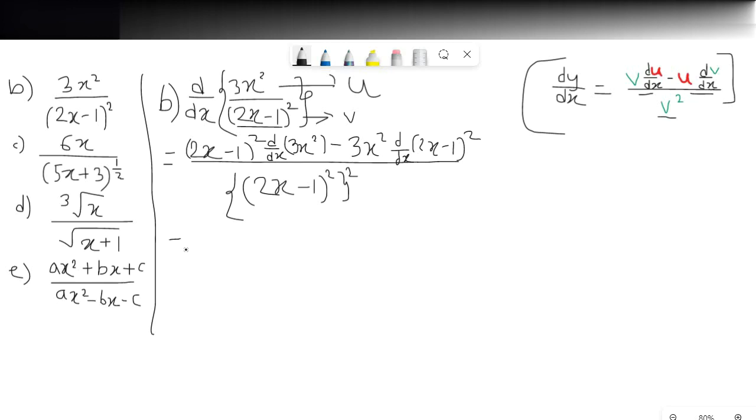So further simplifying, we get 2x minus 1 whole square multiplied with 6x, because 3 into 2 is 6, and x to the power 2 becomes x to the power 1 because 2 minus 1, as discussed previously, subtracted with 3x squared, and then multiplied with the derivative of 2x minus 1 whole square.